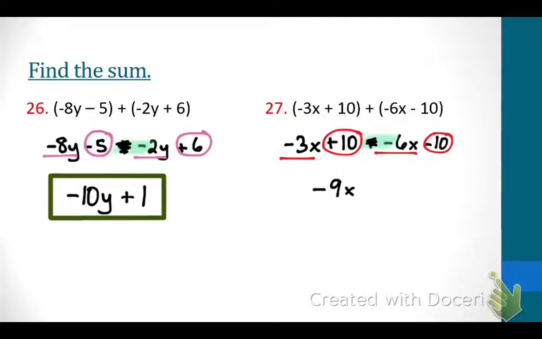Yes. Is that the same sign or different sign? Same sign. So she was correct. Add the numbers, keep the sign. Okay. When I walked around and saw that earlier when I was checking it, a lot of people had positive 9x. All right, Zariana, what happens to these two, the positive 10 and the negative 10? They cancel each other out because that's a number and it's opposite. So her final answer is negative 9x.